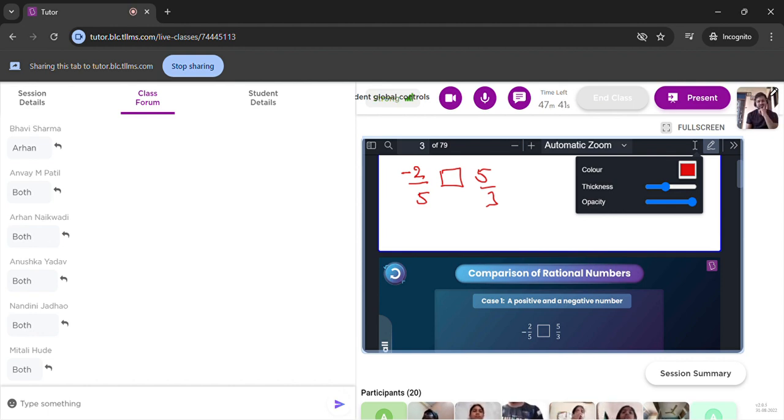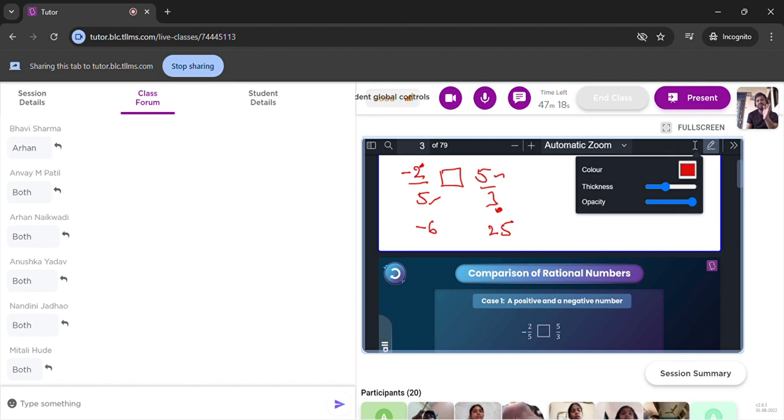Look here, this one is minus 2 and this one is 3. So in this way you have to multiply. When you multiply this minus 2 and this 3, then you will get minus 6. In the similar way, you have to multiply this 5 and this 5, so you will get 25.